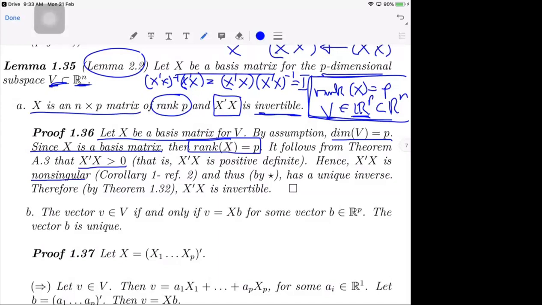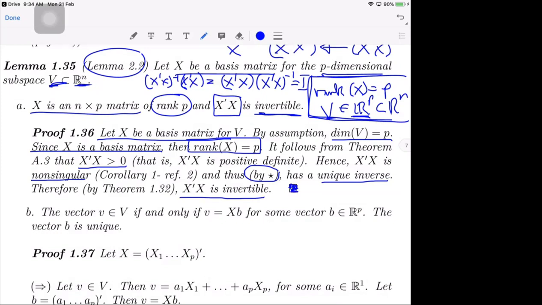And if it is non-singular, by the star, it has a unique inverse. So if it has a unique inverse, then it is invertible. And then we are done with the proof. In this proof, we use some definitions and results in linear algebra. So this is a very easy lemma, no? It is just a lemma. Okay?